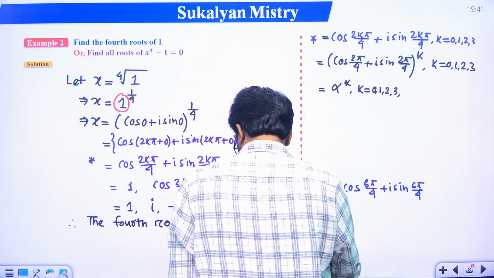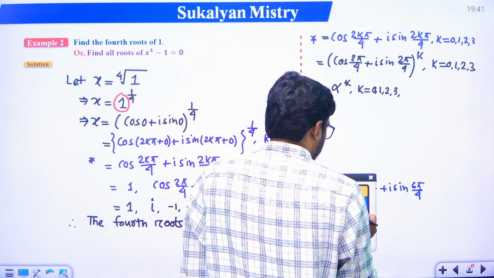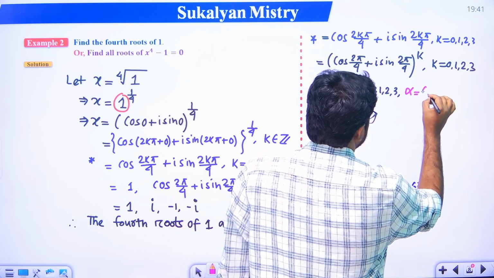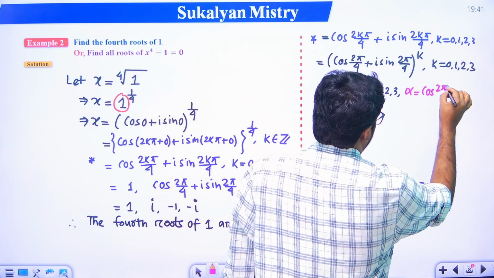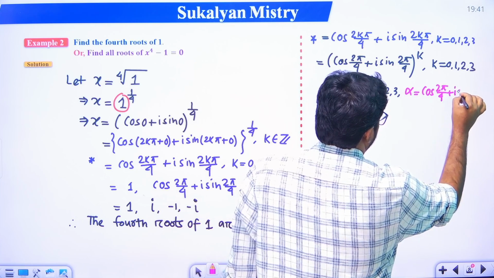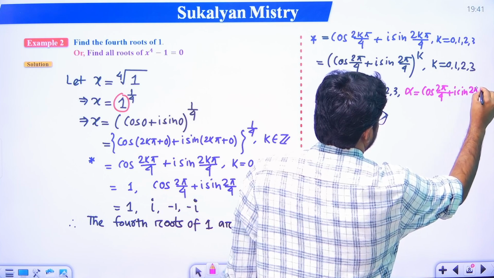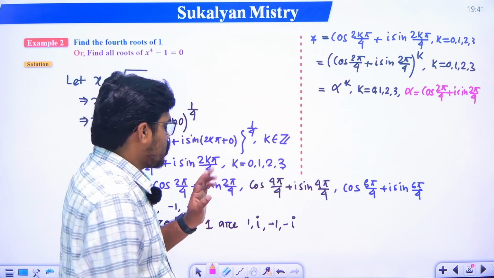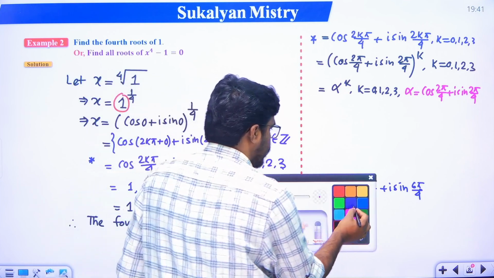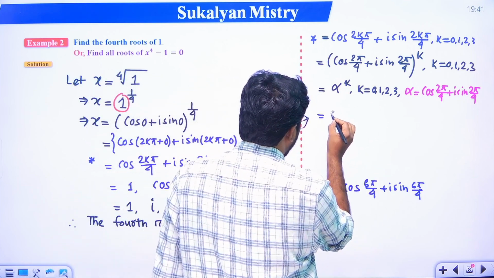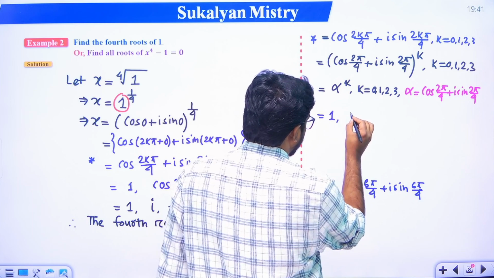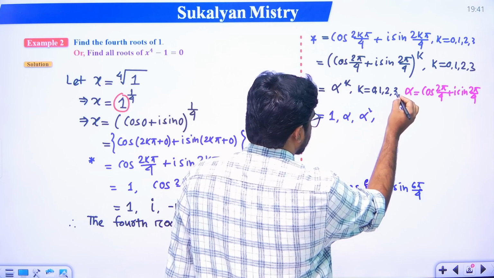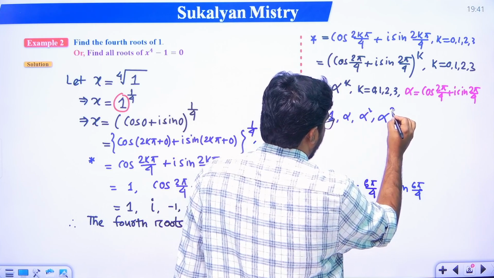What is alpha? Alpha is equal to cos 2 pi by 4 plus i sin 2 pi by 4. If you put k equal to 0, we get 1. If you put k equal to 1, that is alpha. For k equal to 2, alpha square. For k equal to 3, alpha cube.